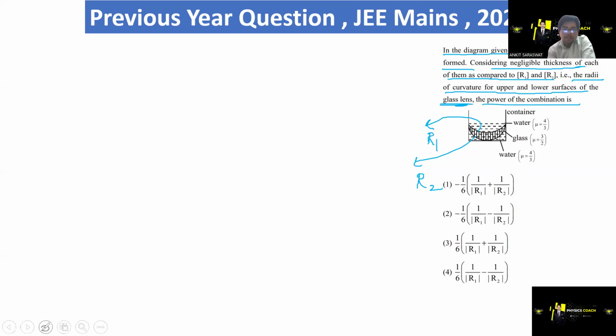So how many lenses are here? First of all, look at this question carefully. We have one lens. If you look carefully, one lens is this. In this, what is filled? Water. Similarly, we have one more lens like this.